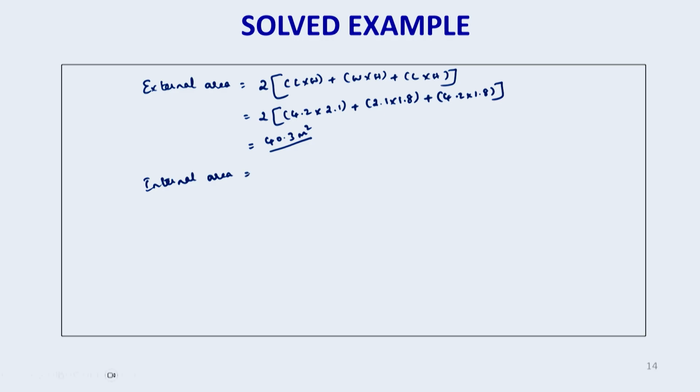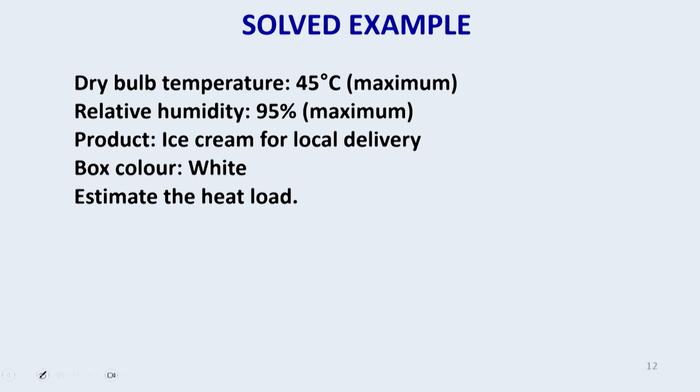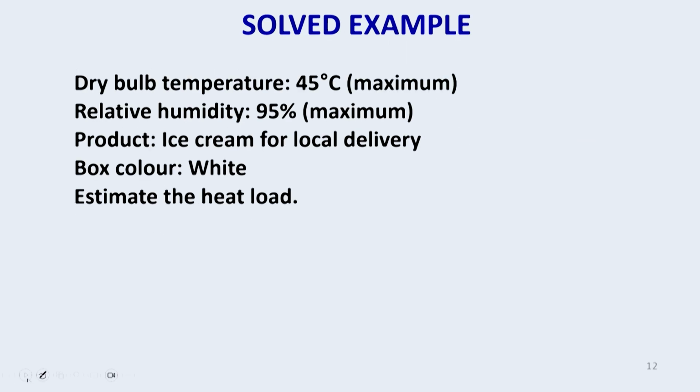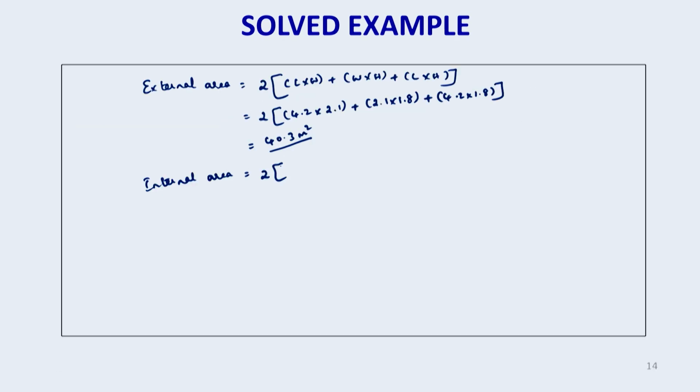By subtracting the thickness of the insulation twice, where the insulation thickness is given as 150 millimeter, equal to 0.15 meter, on both sides, instead of 4.2 you will get 3.9, instead of 2.1 it will be 1.8, and instead of 1.8 it will be 1.5.